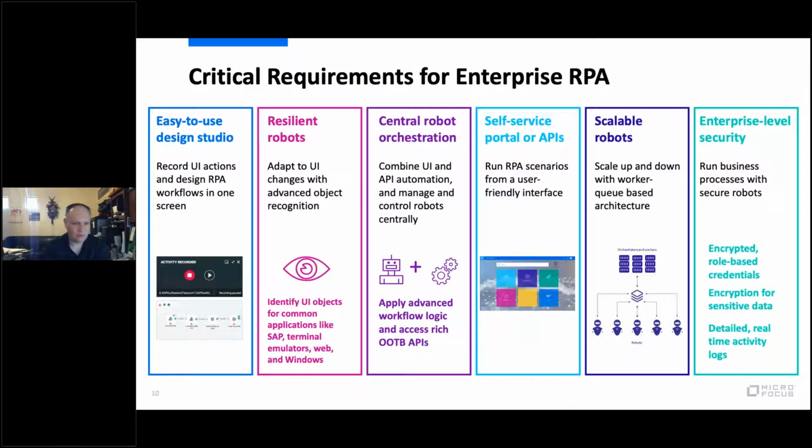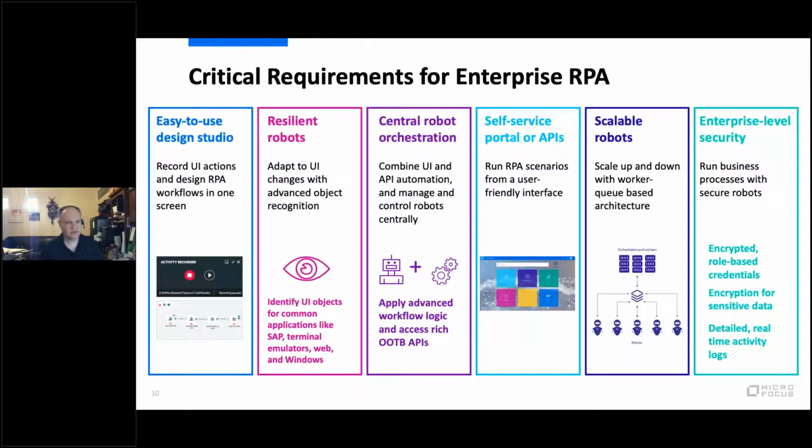What happens if the screen resolution changes? What happens if the user changes? How do you consistently, reliably repeat a recorded process if you're relying upon where the mouse is clicking on a particular screen on your desktop? So resilient robots, it really is the ability to look away from XY coordinates and start talking at the protocol level for the applications you're interacting with.